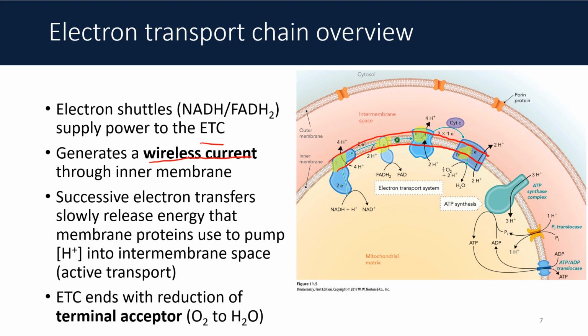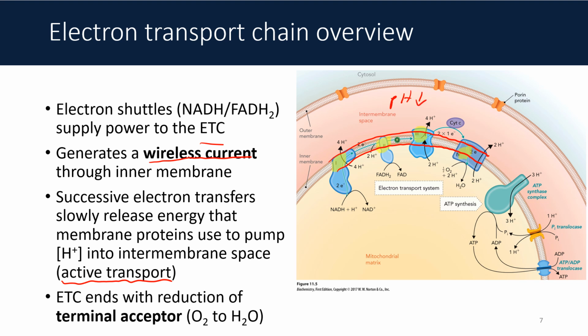That inner membrane is kind of like a live wire, and each time an electron passes through, it's going to power on and turn on the proton pump functionality of that membrane protein. And that's going to provide the energy needed to actively transport protons into the intermembrane space, therefore decreasing the pH of that zone.